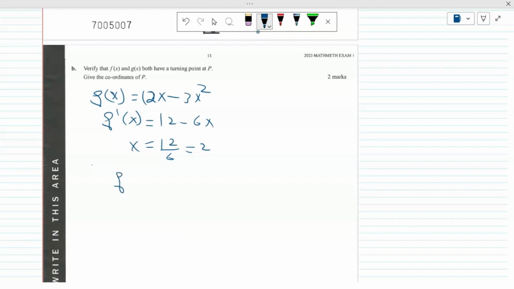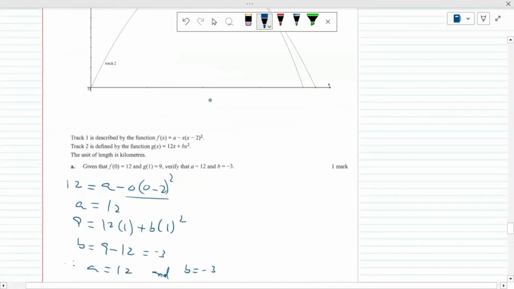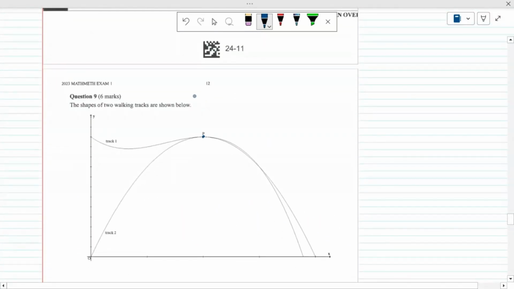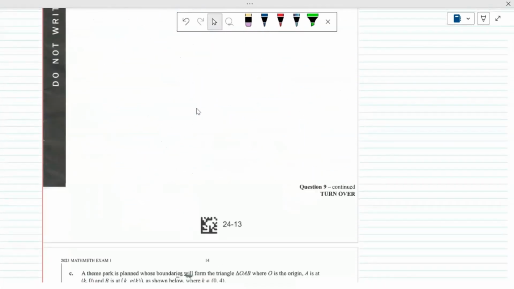So now if I know my value of x is 2, I need to sub it in. So therefore the coordinates of B are 2 and 12. All right, that finishes that question.